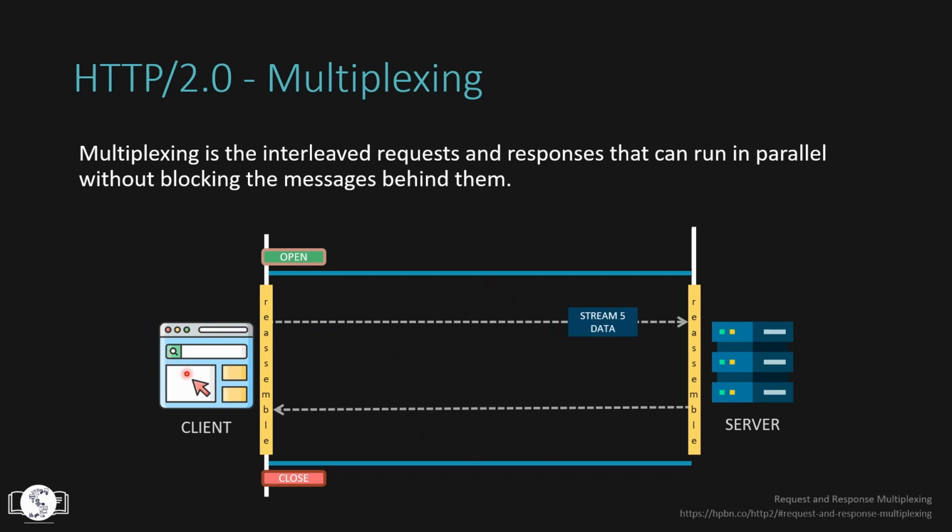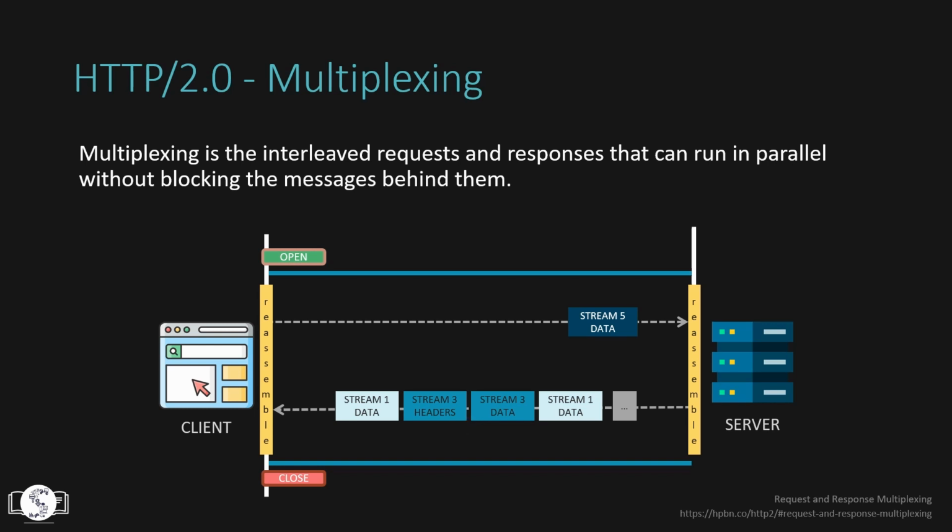The client is transmitting a data frame for stream 5 to the server, while the server is transmitting an interleaved sequence of frames to the client for stream 1 and stream 3. As a result, there are 3 parallel streams in flight.